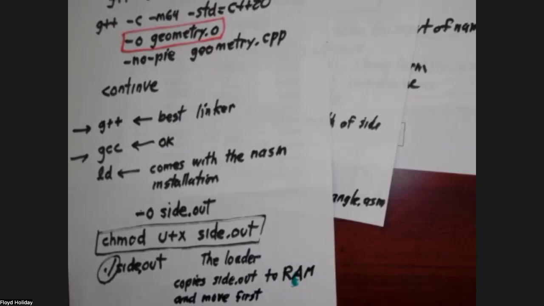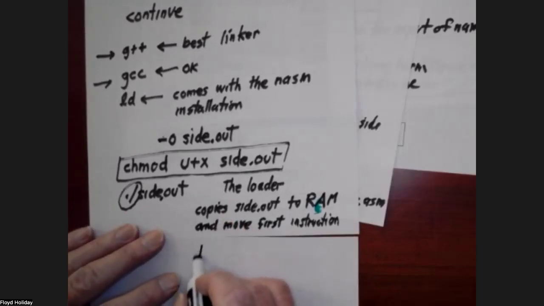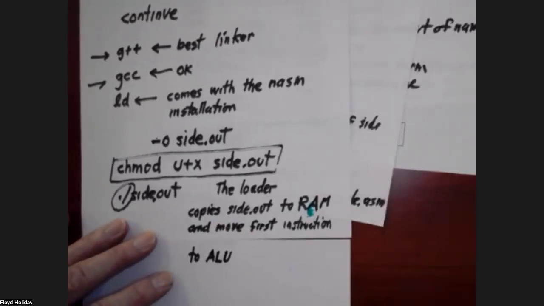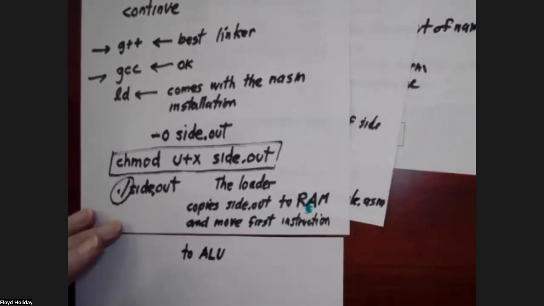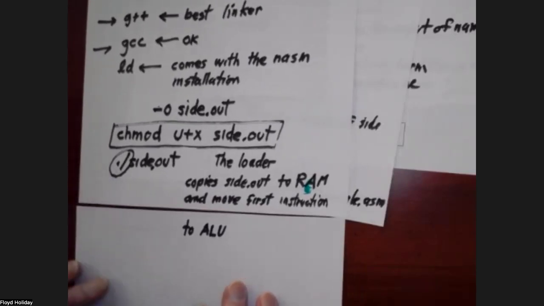It's encoded. The first instruction to execute goes to the ALU inside the CPU. Again, I didn't say it; what I said is correct, it's just that the whole story is not there.